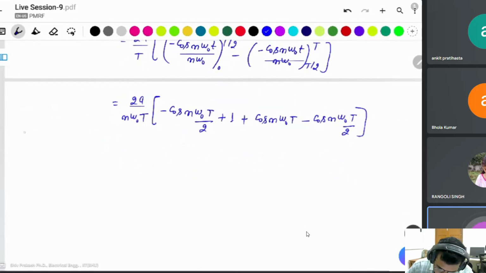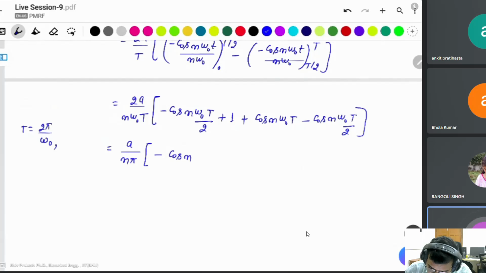Put the value t is equal to 2π/ω₀, then this will be A divided by nπ, minus cos nπ.